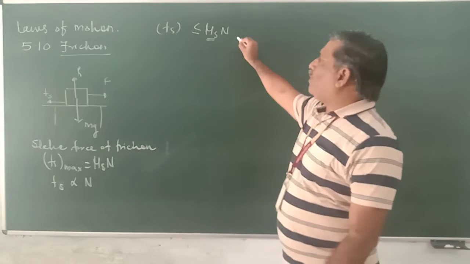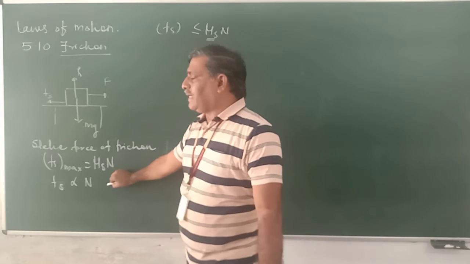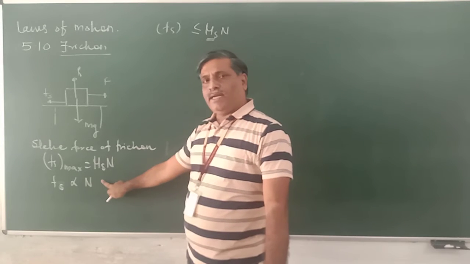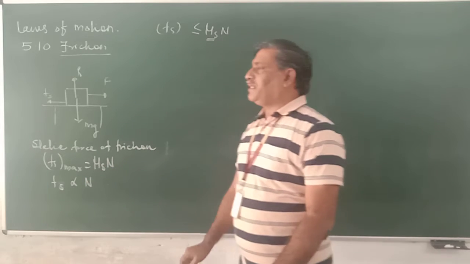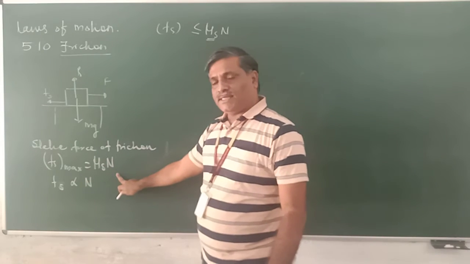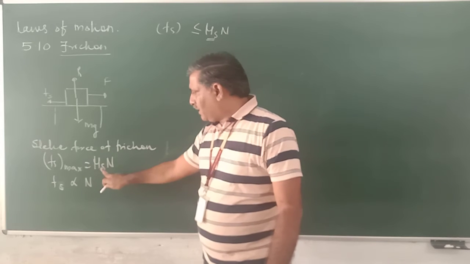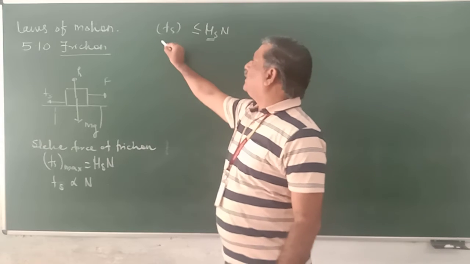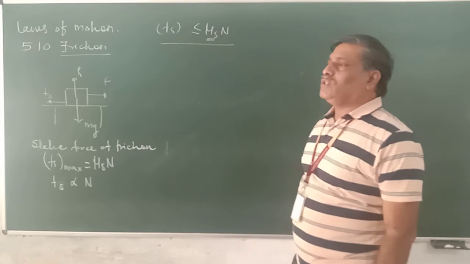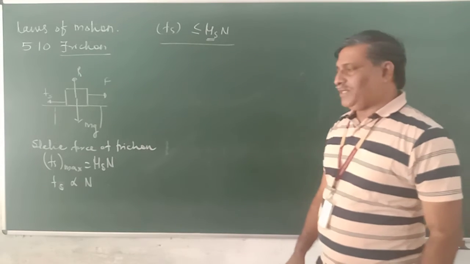So this is the important law. The force of static friction is directly proportional to the normal reaction. The maximum force of static friction is equal to mu s N, and it is equal to or less than this. Mu s is known as the coefficient of static friction.